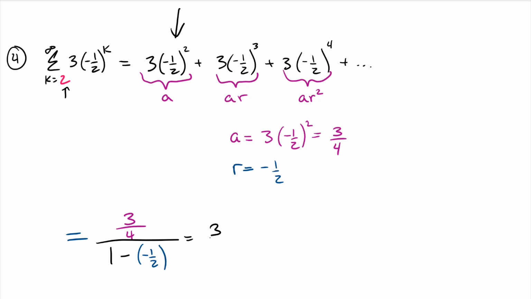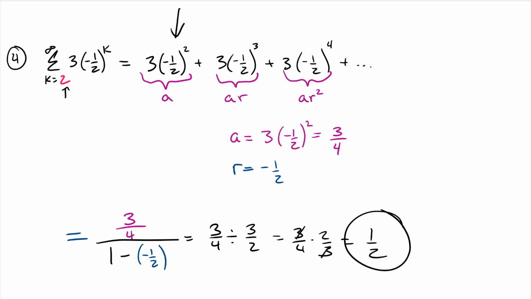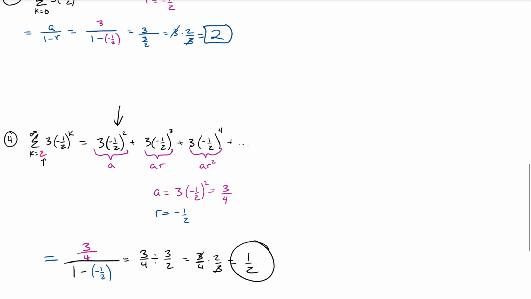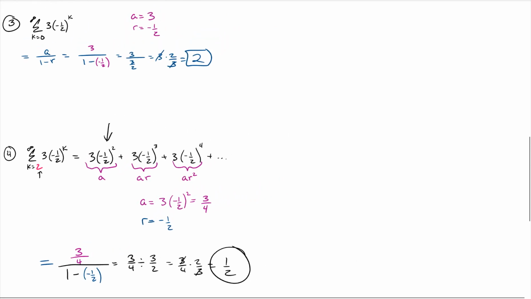So we're going to get 3/4 divided by 3/2. This equals 1/2. Oh my goodness. Once again, I kind of tried to tell you what the answer was going to be.